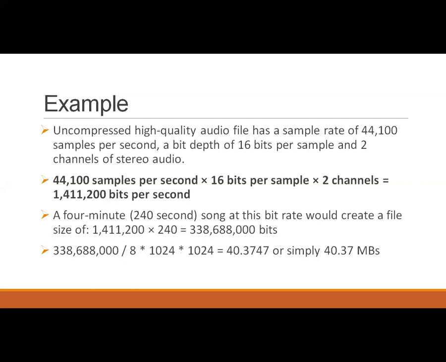Then I'm going to divide the result by 1024, which gives me the kilobytes, and then again by 1024, which gives me the megabytes. So it roughly calculates to 40.37 megabytes of uncompressed audio according to the rules that I have just described.